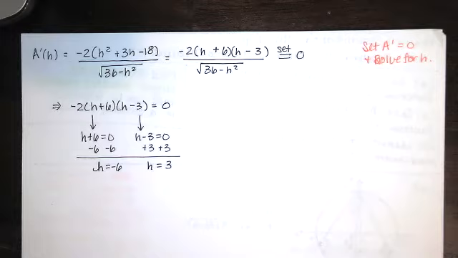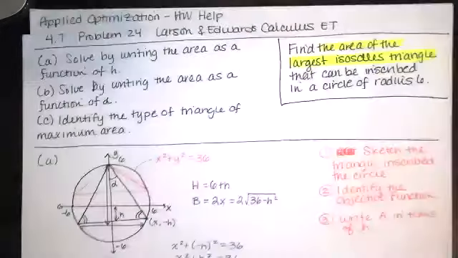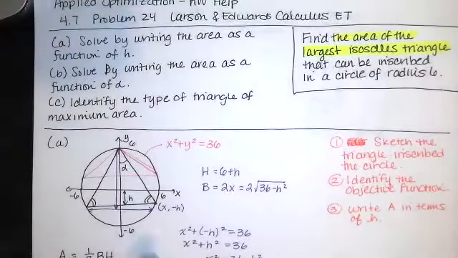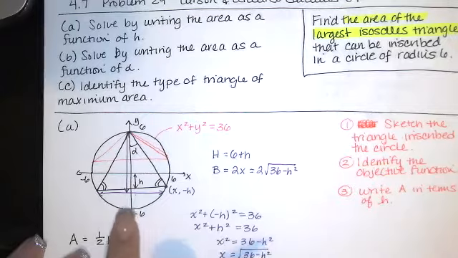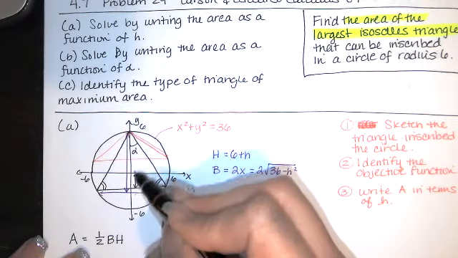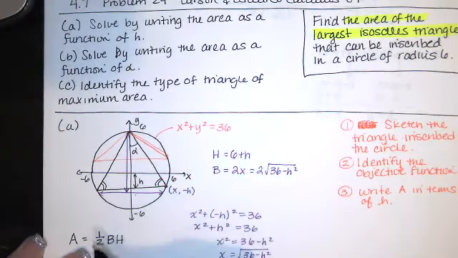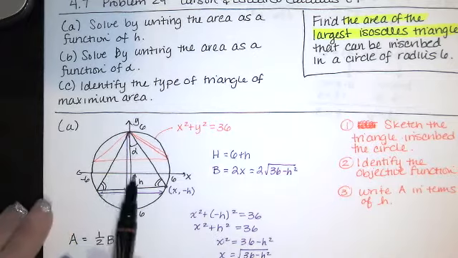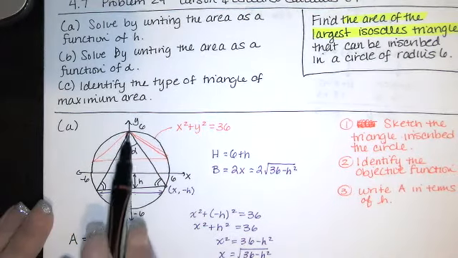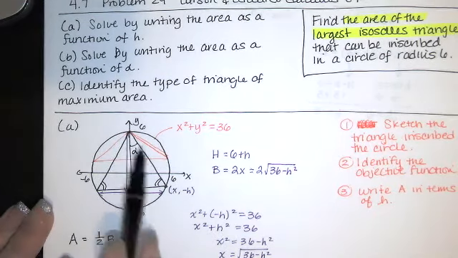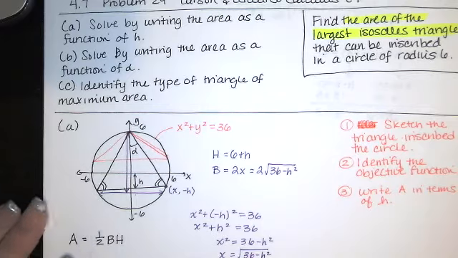But in this case, we're looking at an application problem. We're trying to find the area of the largest isosceles triangle that can fit in this circle. And we're saying that H is this distance from the x-axis. Now, if H is the distance from the x-axis, we've assumed that this triangle has to go below the x-axis because these triangles up here have smaller area than this triangle down here.